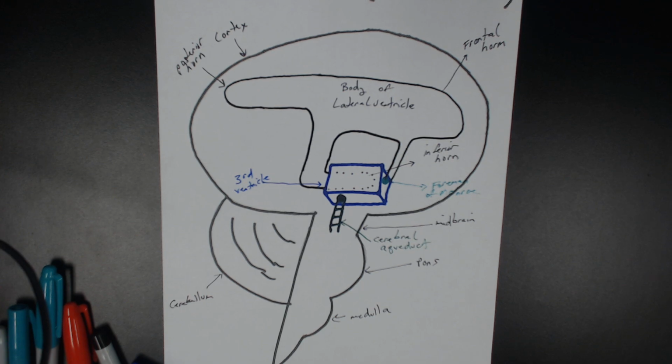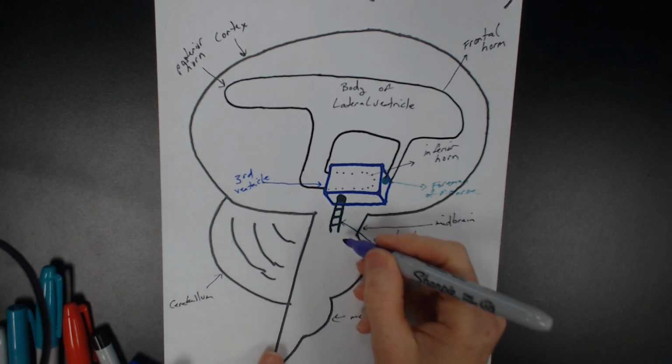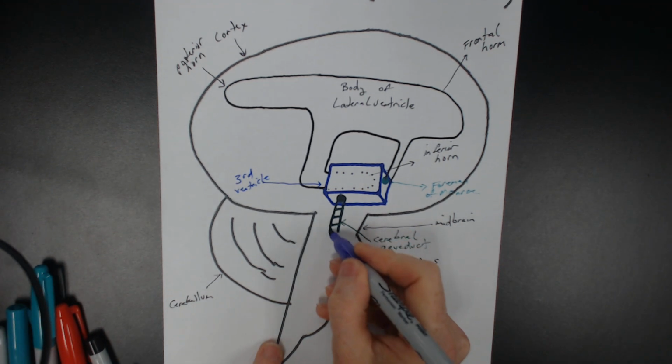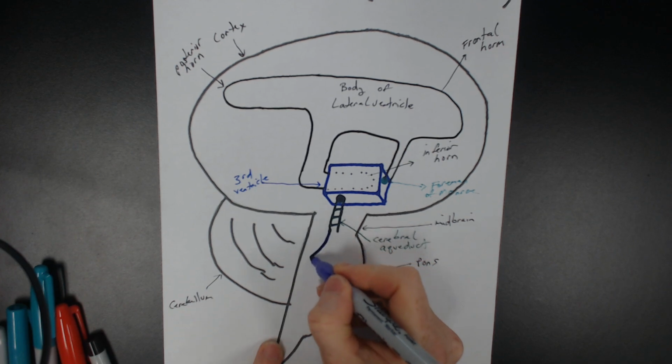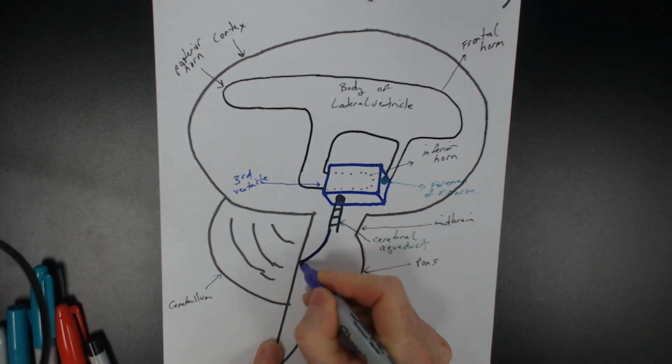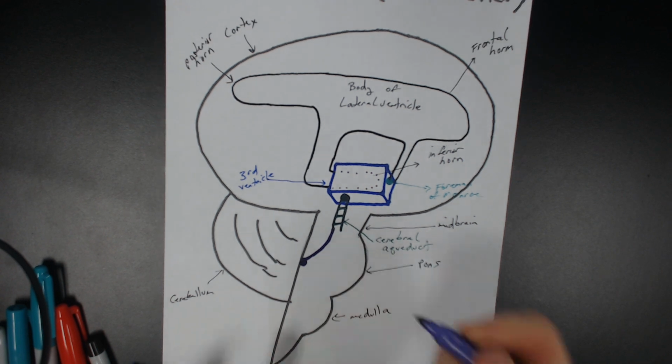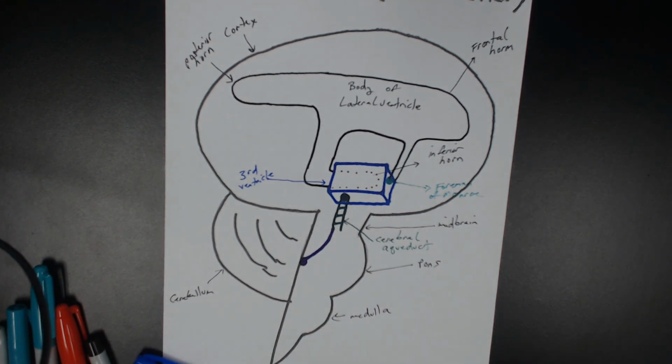fourth ventricle. Okay, let's look at the fourth ventricle. Fourth ventricle resides mostly in the pons. So the fourth ventricle comes here in the back, and there's a connection to the back. There's going to be a special hole in the back that we're going to talk about here in a minute.